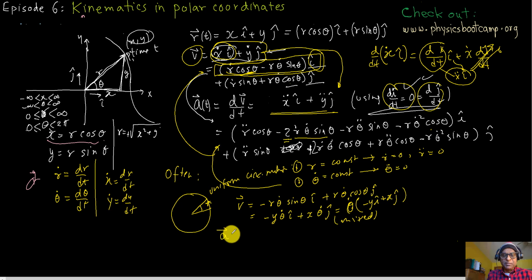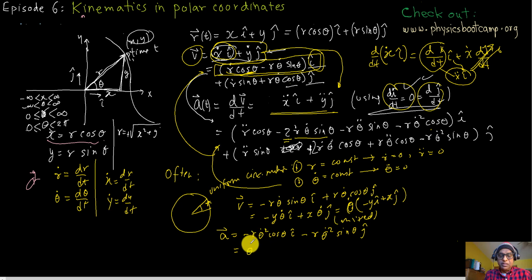How about acceleration? If I do this, this is 0, this is 0, this is 0, this is not 0. So I have a minus r theta dot square cosine theta i hat, and this is 0, this is 0, this is 0, and so this is minus r theta dot square sine theta j hat.